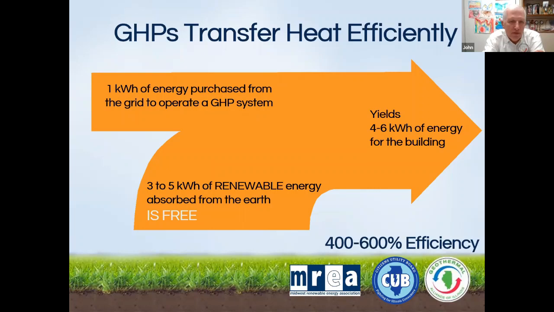For every unit of electricity purchased from the grid, in most cases from ComEd up in northern Illinois, you get 5 to 6 units of energy, kilowatt hours, if we're talking about kilowatt hours, for the geothermal system. So most of it is absolutely free energy that's absorbed from the earth. And that's why you get over $5 worth of energy for every $1 that you spend.